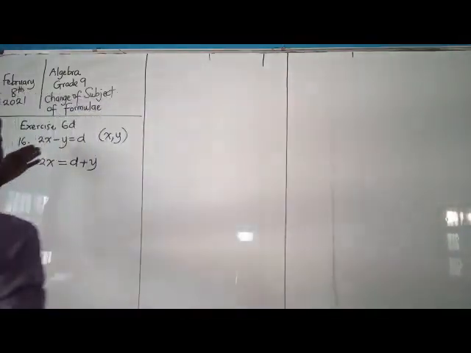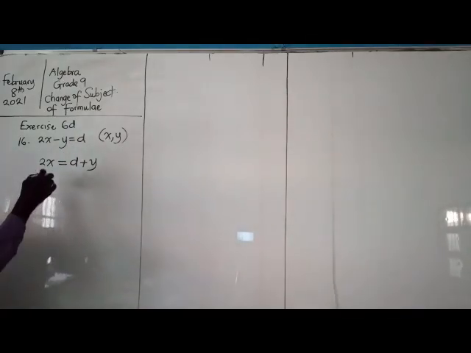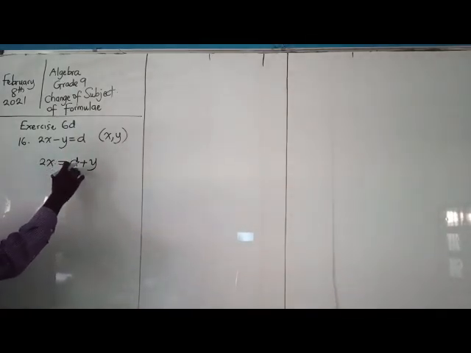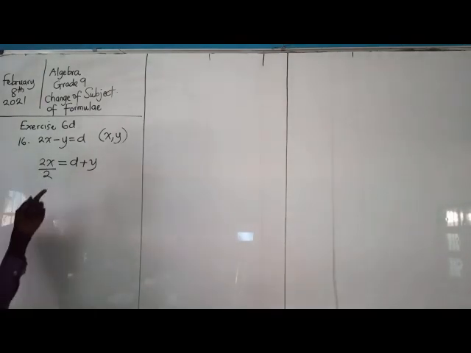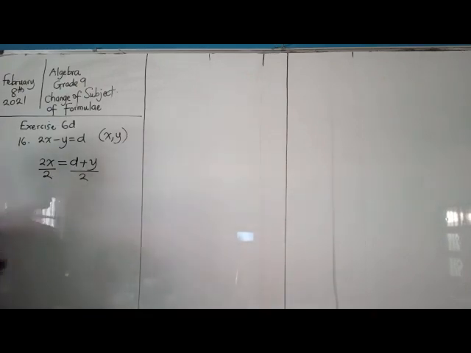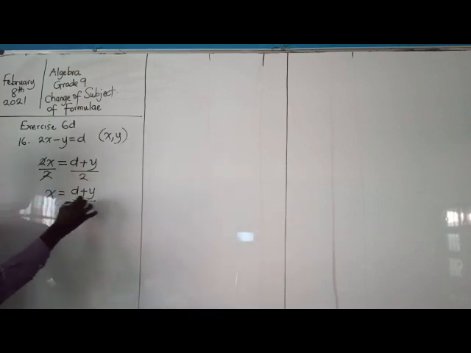He's a servant here. When he goes to the other village, he becomes a king. So that will give you 2x equal to d plus y. The next thing you want to do is to clear off the coefficient of x, and that will give us x equal to d plus y all over 2.